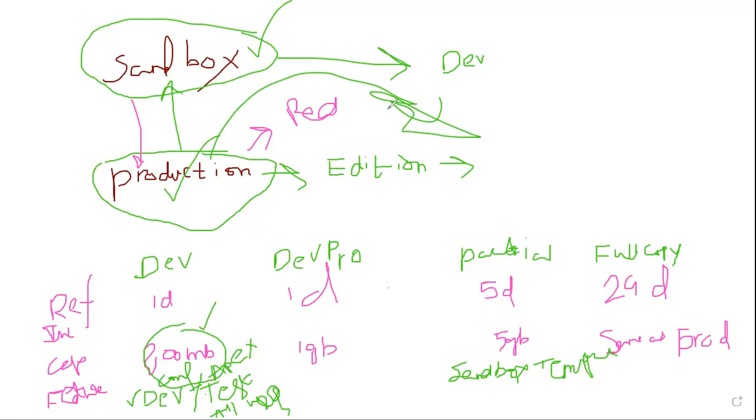While creating a sandbox, you'll get an option called sandbox template. From the sandbox template, you can choose which object records you want to copy from production to sandbox. So with the help of sandbox templates, you can fetch some object records from production to the sandbox while creating it. That feature is available only in partial copy and full copy sandboxes.